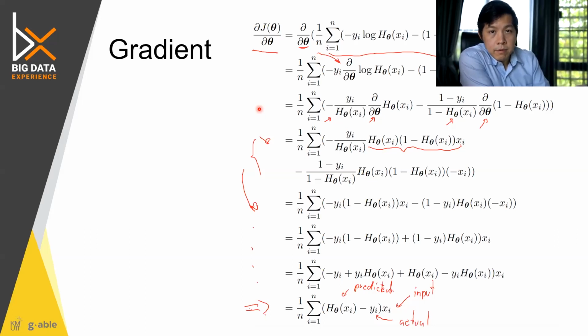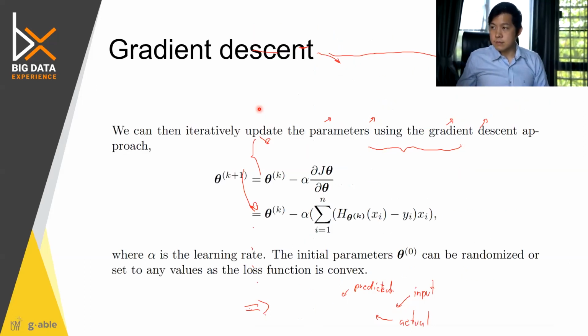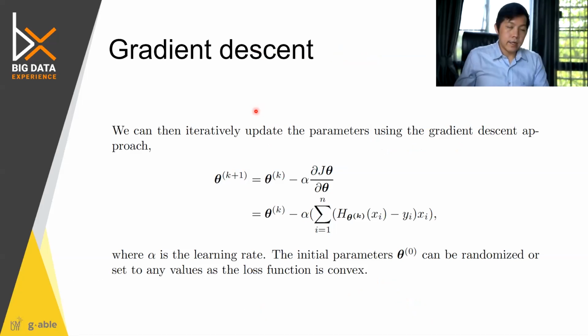By multiplying them all, you know the direction of the change, and then you can use that in gradient descent. In gradient descent, you update the parameters by adjusting with the gradient, multiplied by a certain small value, and then adjusting the parameters. That's it. This is the gradient descent.